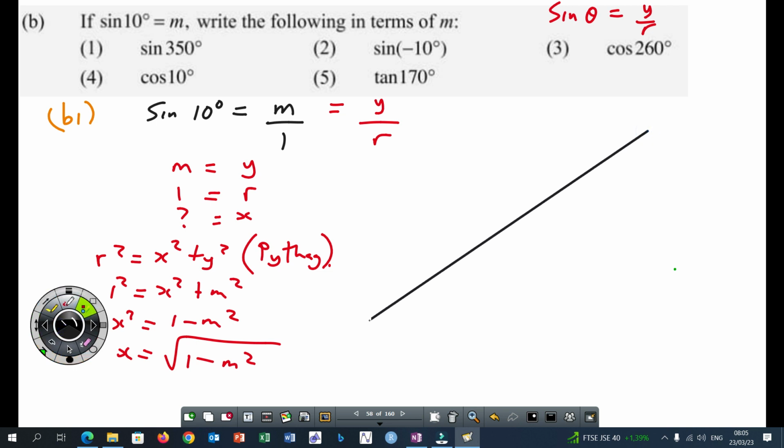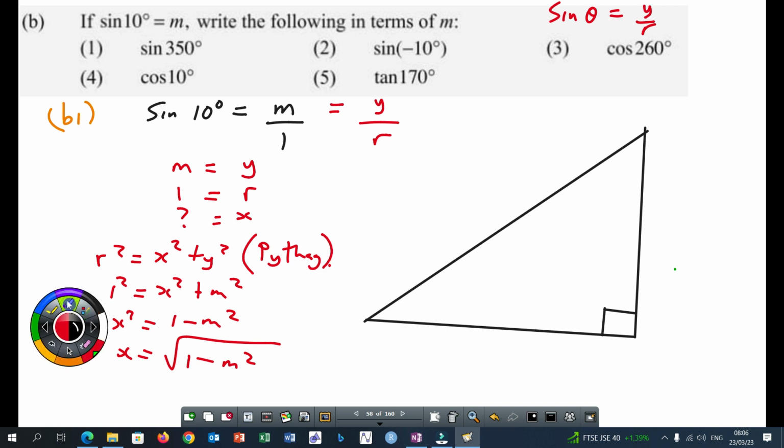Please, when you're drawing the sketch, make sure you try your best to make the triangle really a right angle triangle, because I have seen learners drawing a non-right angle triangle. It doesn't have to be perfect, but a person must see that this is a right angle triangle. Here, our reference angle is 10 degrees.